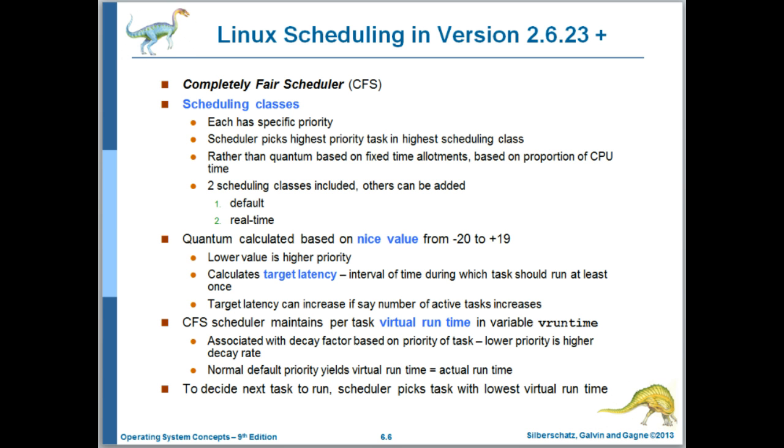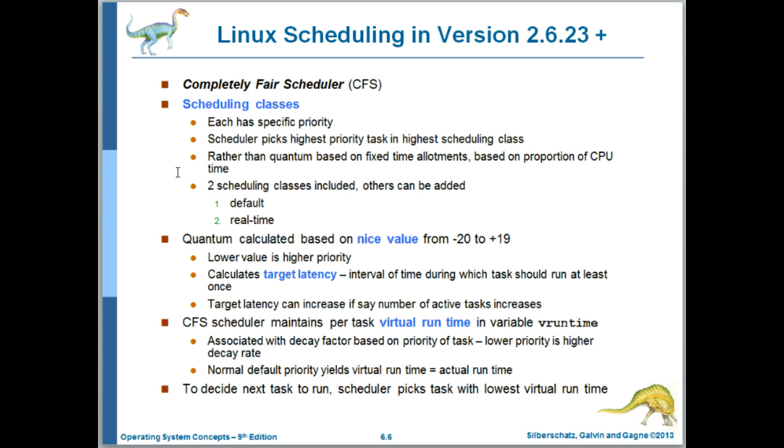So tasks in a higher priority class have priority over tasks in a lower priority class. And the basic idea of the completely fair scheduler is that if you have n tasks running, each task should get 1 over n of the CPU cycles.